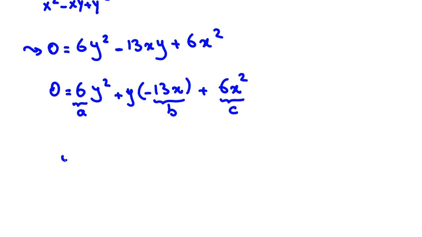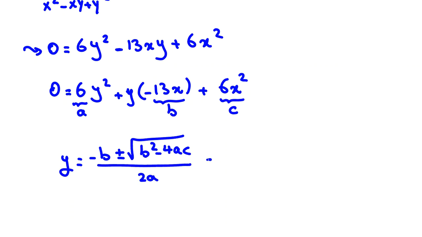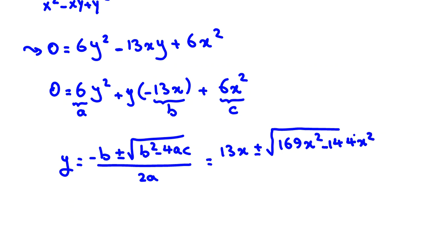Now, I want to use the quadratic formula. It will be what? We said the formula is negative b plus minus the square root of b squared minus 4ac over 2a. Here, negative b will be 13x, plus minus the square root of b squared, negative 13x squared, which is 169 x squared, minus 4ac, minus 4 times 6, 24 times 6, 144, minus 144 x squared because we have x squared here, over 2a, which is over 12.